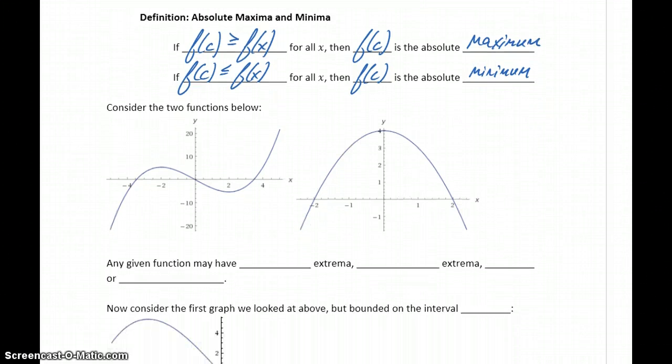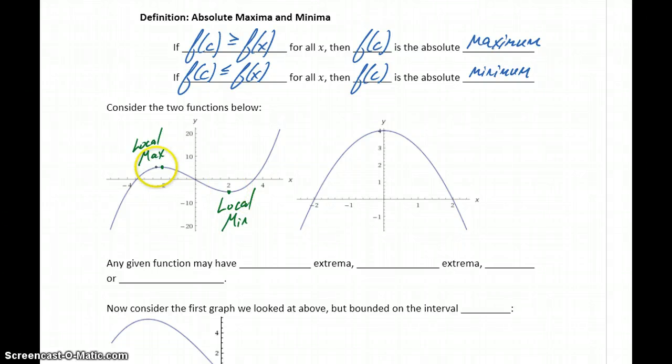So if we look at these two functions below, what we have is the curve on the left. We could identify 2 points here, which would be a local maximum and a local minimum. So going back to ideas that we previously introduced with the first derivative test, our function changes from increasing to decreasing. So that gives us a local maximum. And then our function changes from decreasing to increasing, so we have a local minimum.